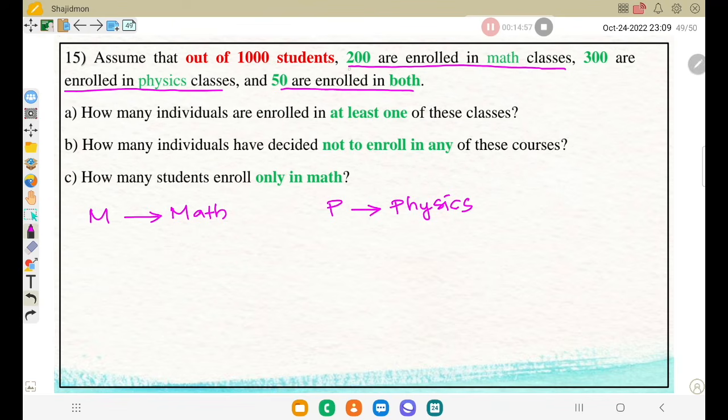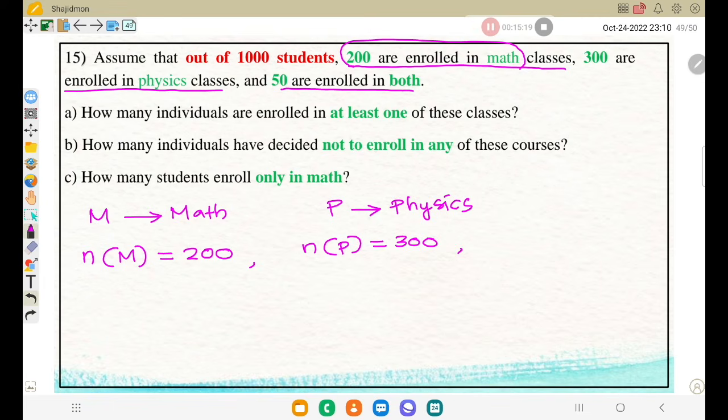So we can read from here, 200 are enrolled in math classes. So number of students enrolled in math classes equals 200. Now 300 are enrolled in physics. Number of students enrolled in physics equals 300.